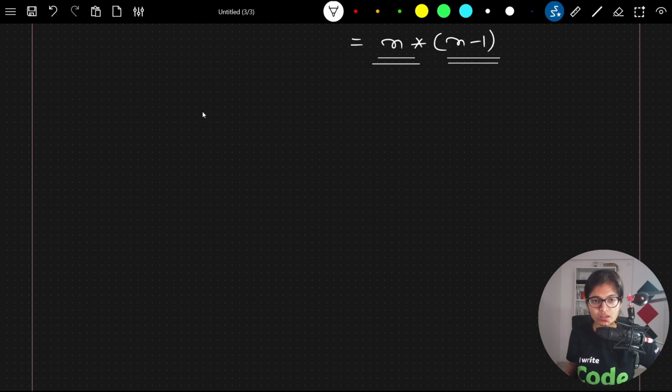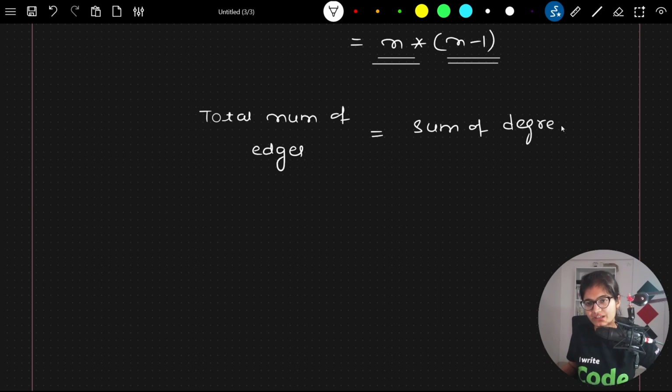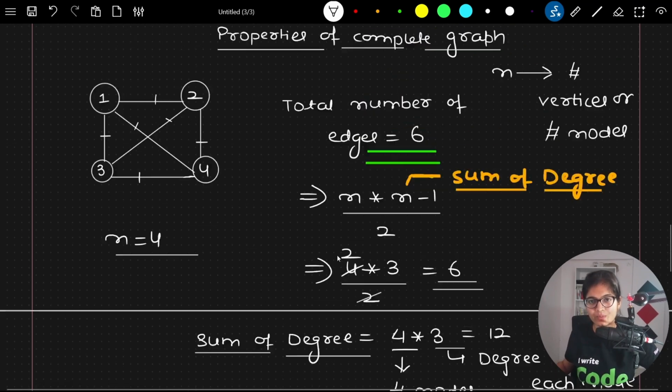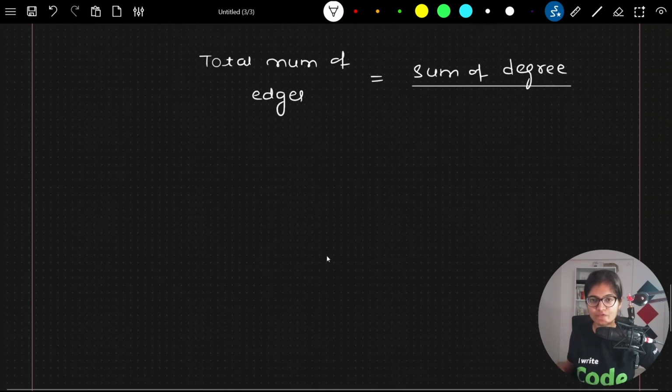Because now you know the formula that the total number of edges is equal to the sum of degree divided by 2.